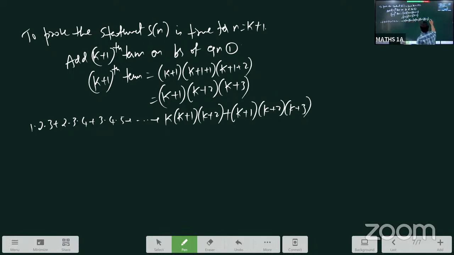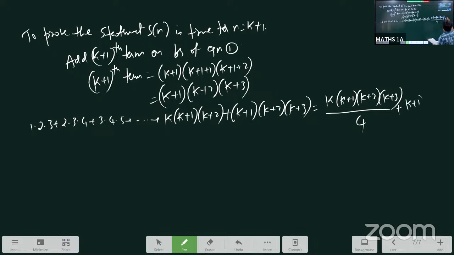That is equal to k into k plus 1, k plus 2, k plus 3 divided by 4 plus k plus 1, k plus 2 and k plus 3. Add this term on both sides of equation 1.